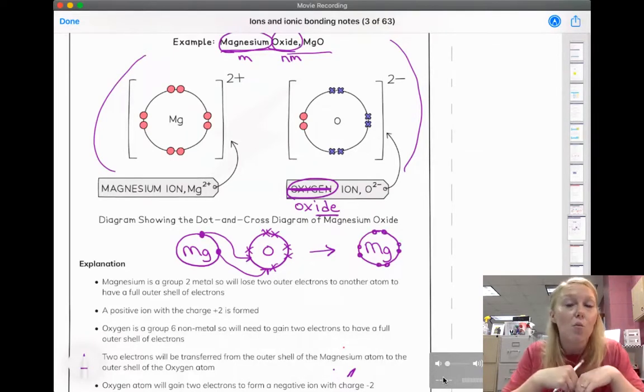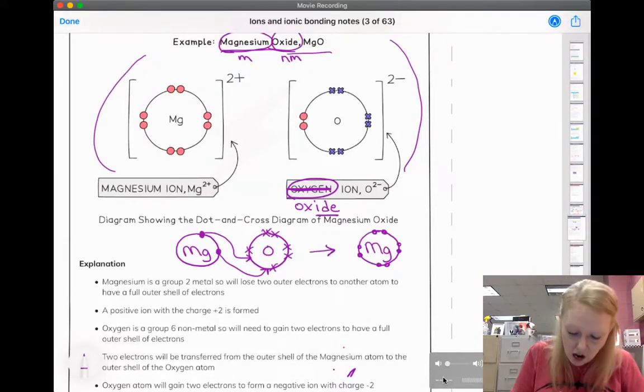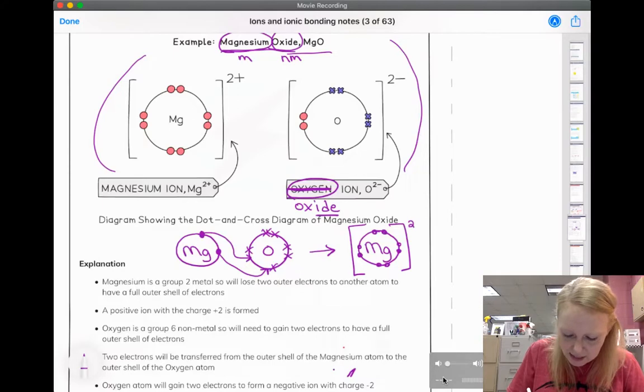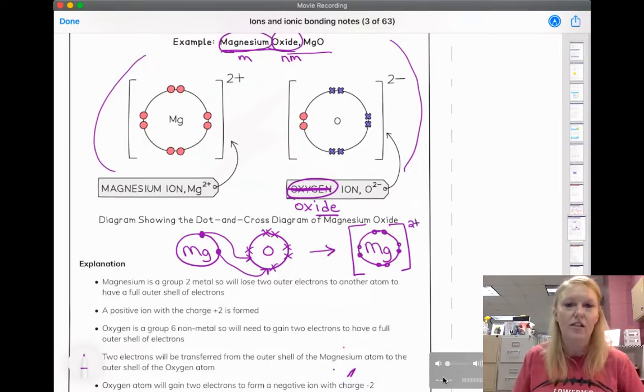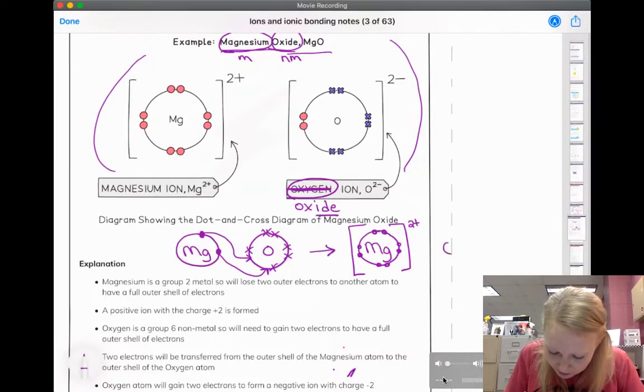But remember, when they give away electrons, they become an ion, so we need brackets around my diagram, and then we have to have the charge in the upper right-hand corner. So magnesium gave away 2 electrons, so it has a 2+ charge. Now my oxygen, we're going to show the original electrons it had with the X's, just like it was on the previous one.